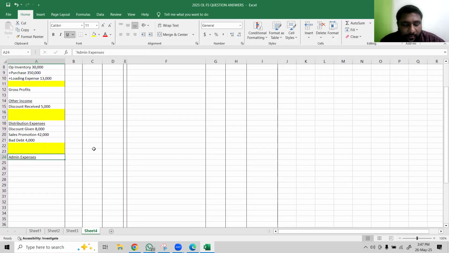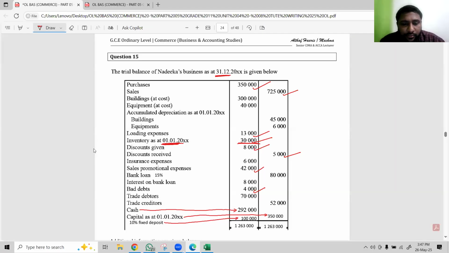Admin expenses. We have insurance 6,000.